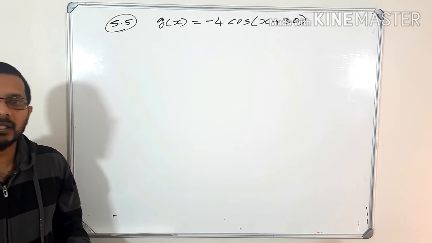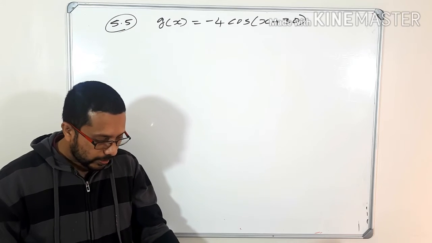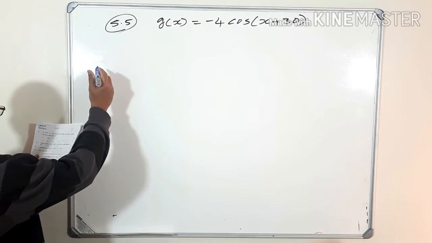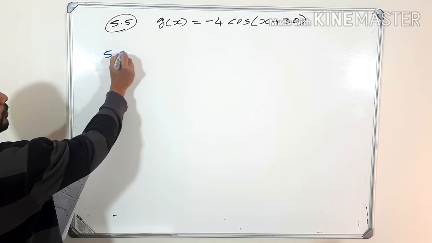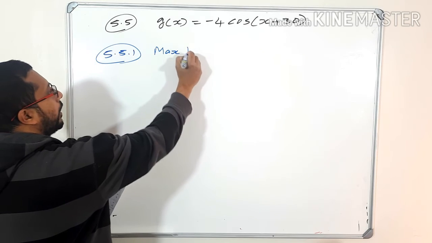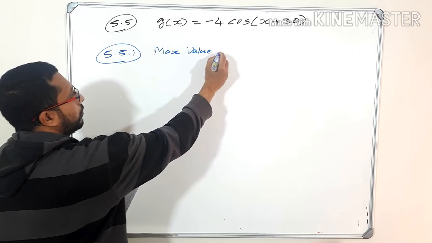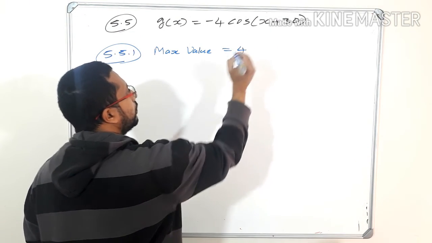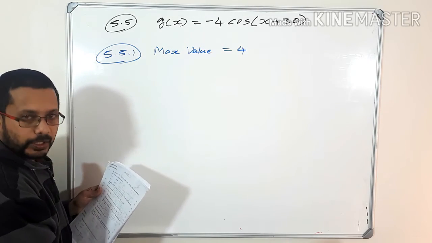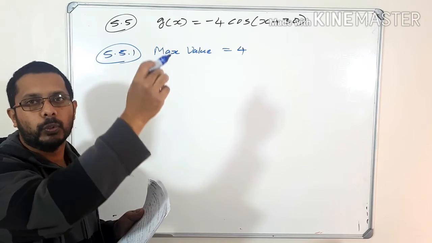It means that the minimum value of the graph is minus 4 and the maximum value is 4. So what is the maximum value? 5.5.1. It's only 1 mark. Maximum value is equal to positive 4. That means the minimum value of the graph is minus 4 and the maximum value is positive 4.